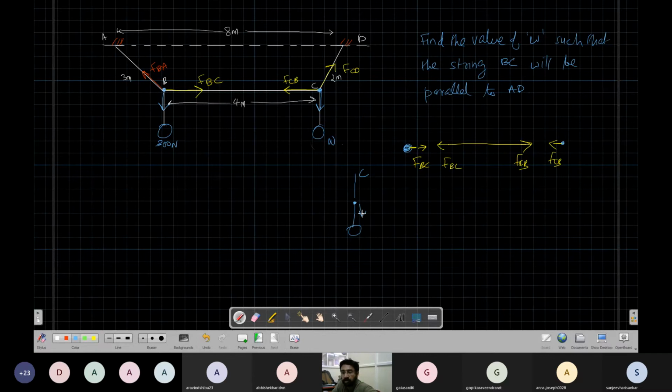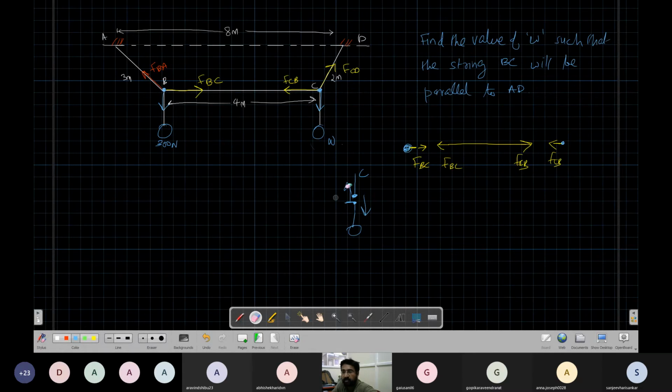Similarly, this string pulls in the other direction. So this point in this entire structure will be pulling like this. This body will be pulling this object by this force. This point is in equilibrium. That is why it is not moving.